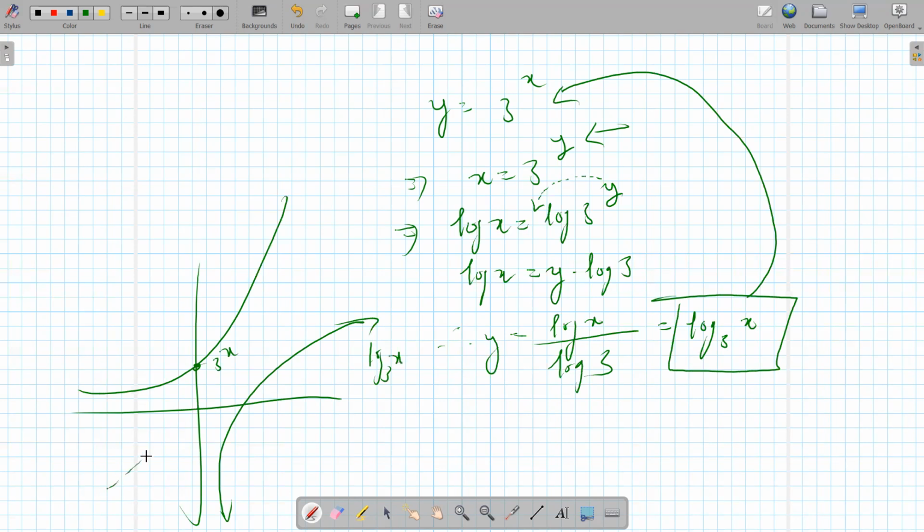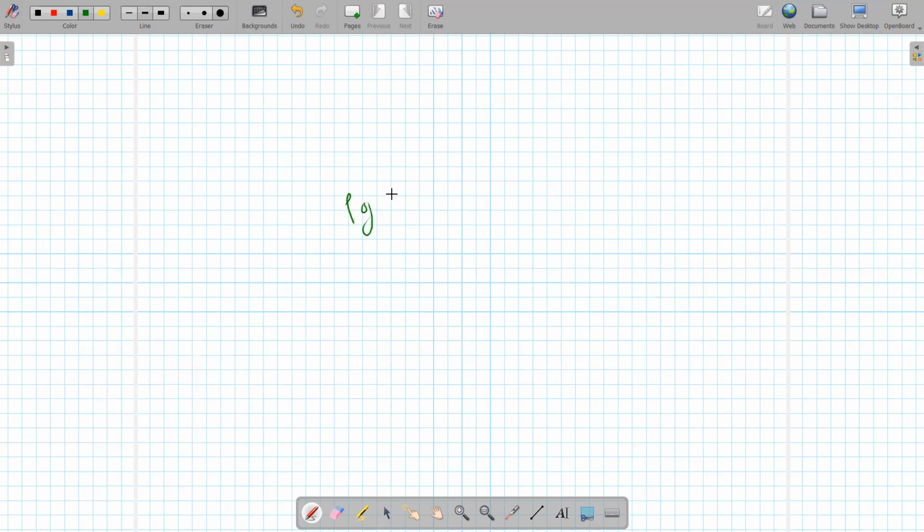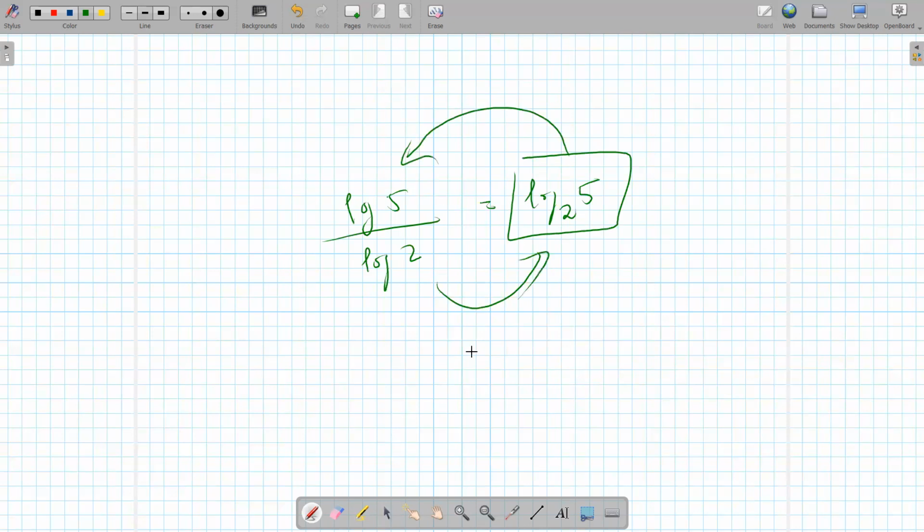They're inverses of one another. Cool? What do I mean by this final line? If you have log 5 divided by log 2, it's going to be log base 2 of 5. You can work backwards, you can work in this direction as well. So if you have multiple logs, you can combine them.